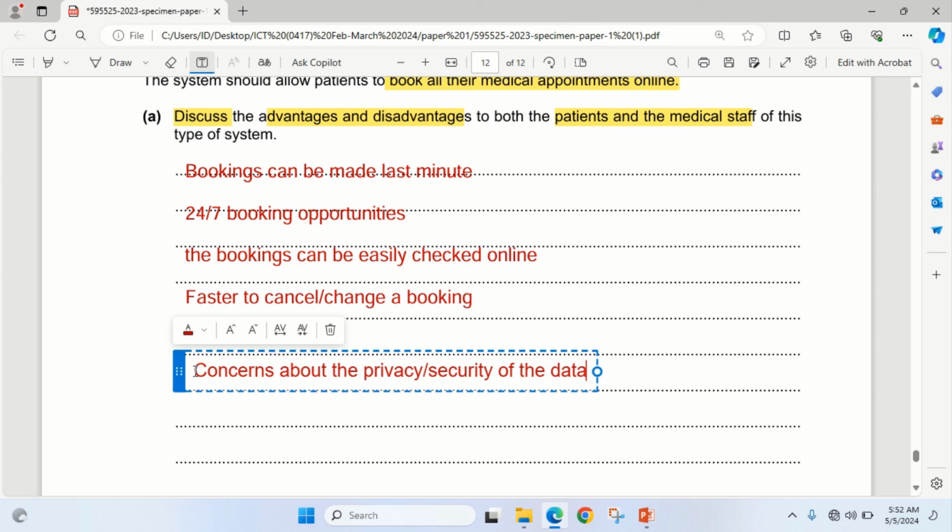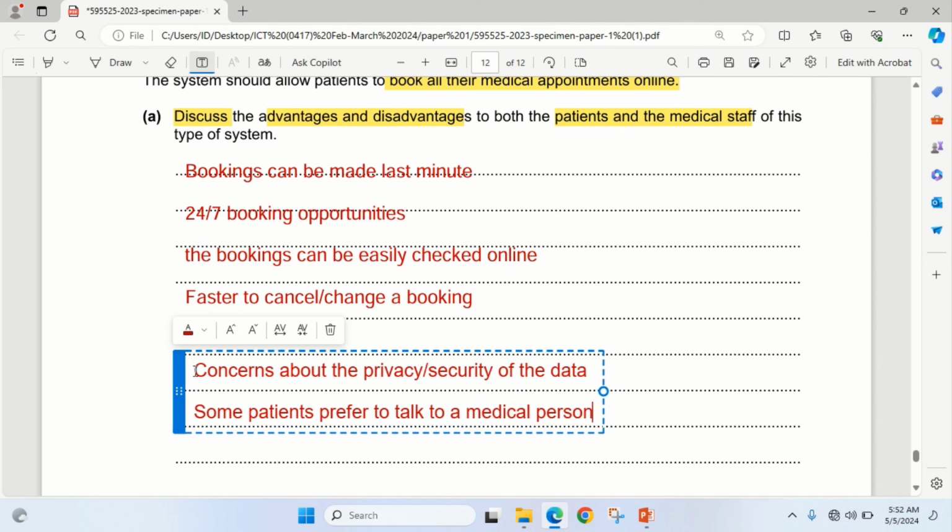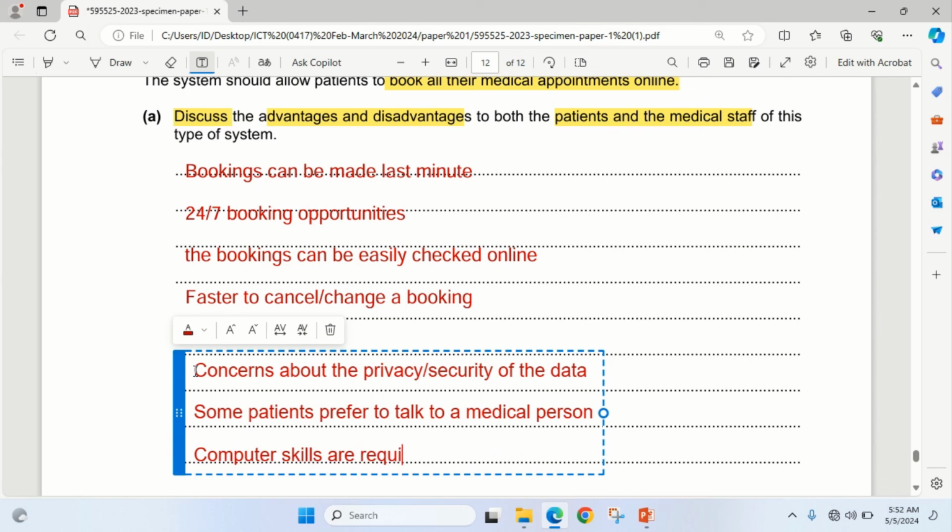Another thing is that some people prefer to talk to a medical person rather than just having online form filling and all that. Then in such a system, computer skills are required on the part of the patient and on the part of the medical staff.